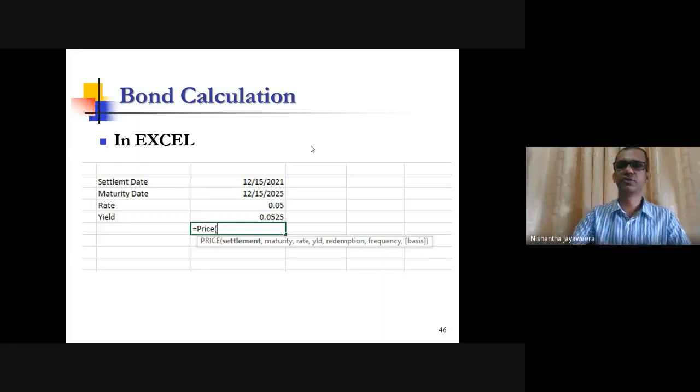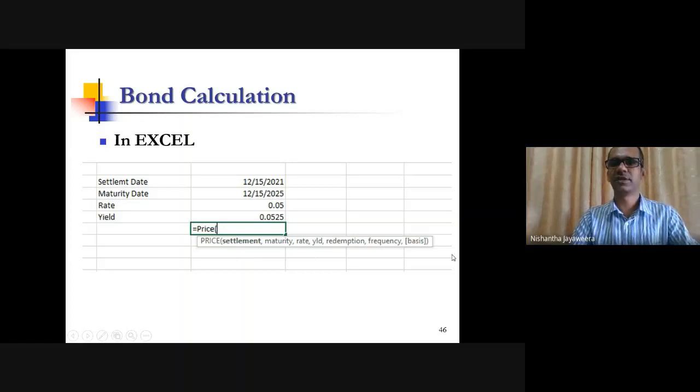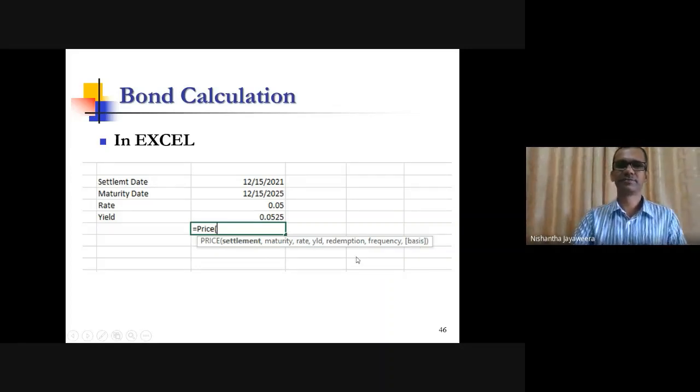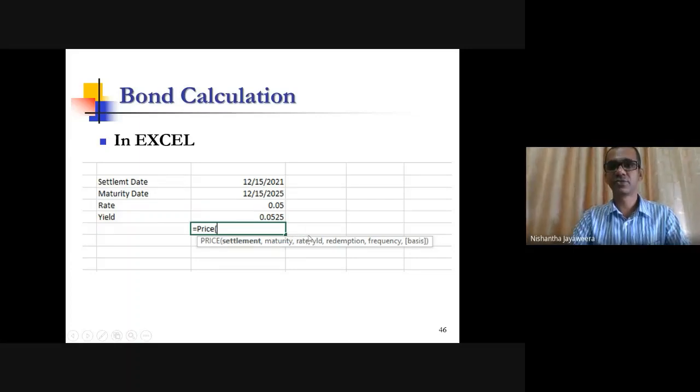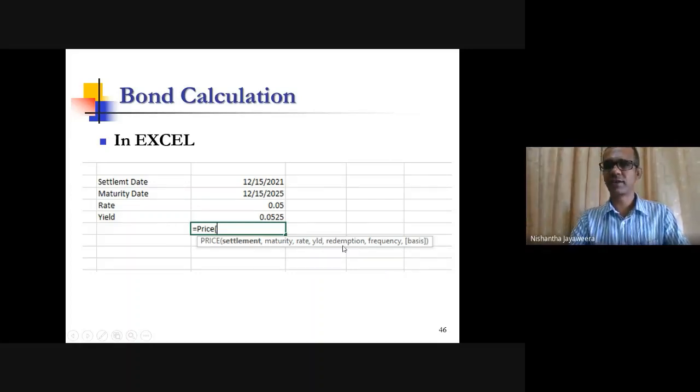So this is just to show you how to do this in Excel. I explained this. The function is PRICE. There are a few arguments that you have to give. First one is the settlement date. Second one is the maturity date. Remember, it's the date, not the period. Then the rate. Rate means coupon rate. Yield, what is the required rate of return. Redemption, you can give only 100.